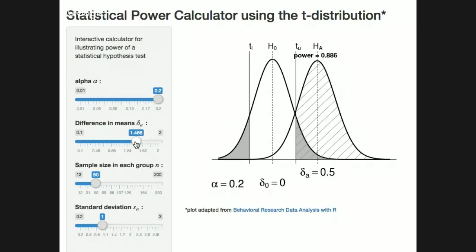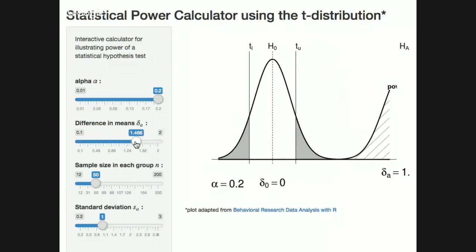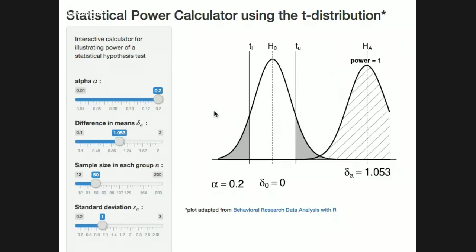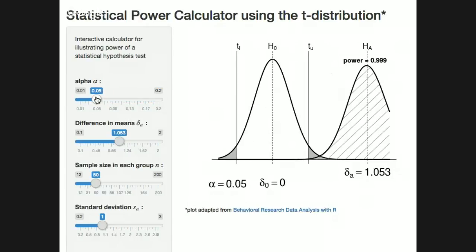So let's just check that out. I moved it quite a bit. It's off the screen. Let's move it back a little bit. We have pretty high power now. I'll bring alpha back down to 0.05. Okay.